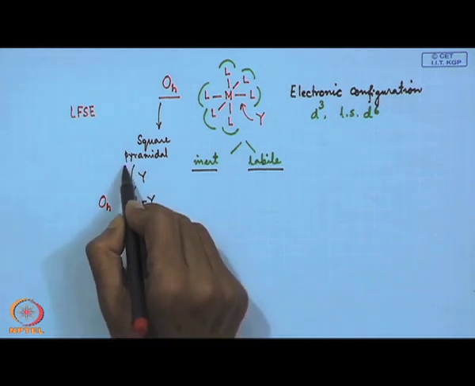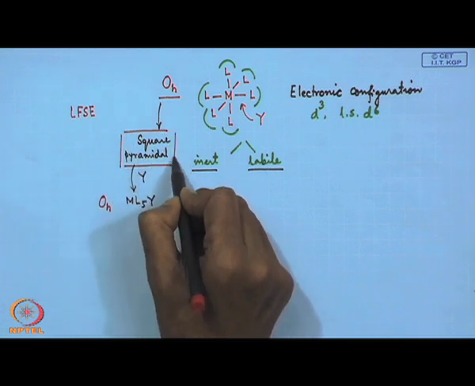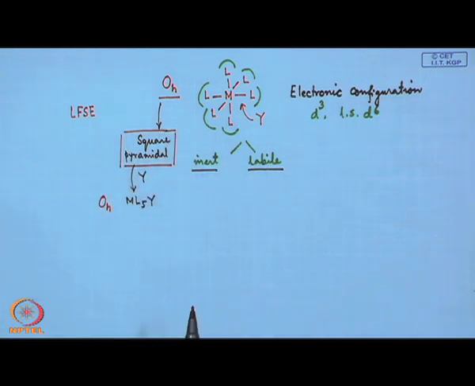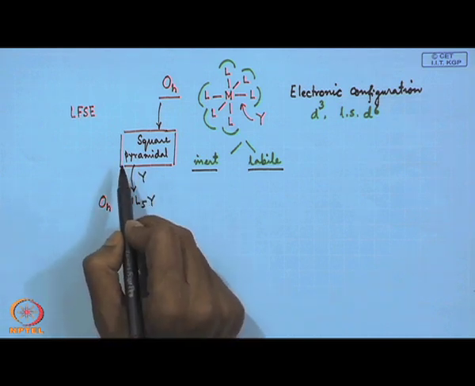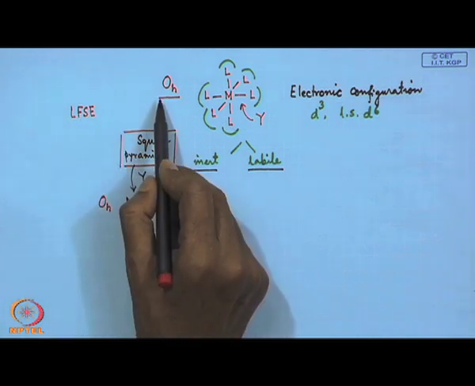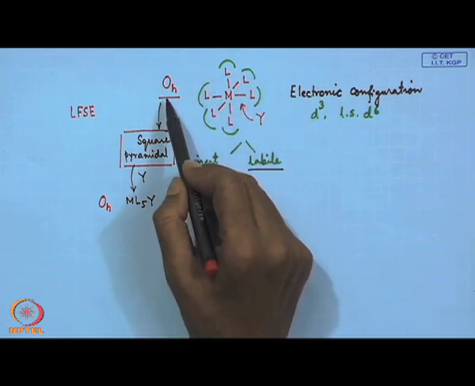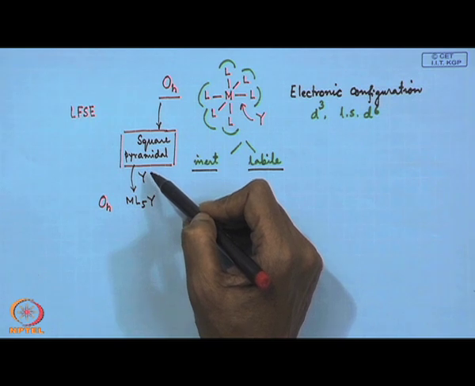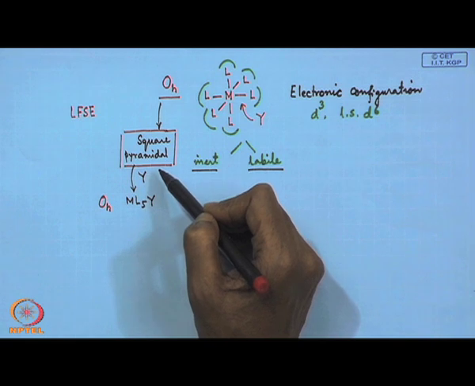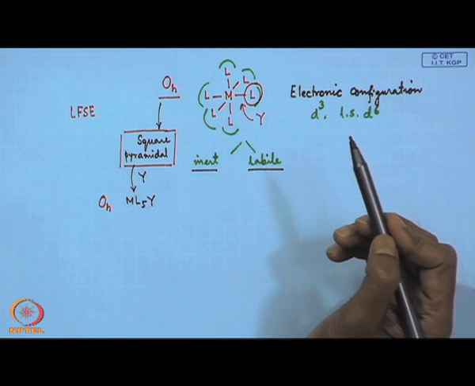To get this square pyramidal intermediate, we can see how the ligand field stabilization energy changes. Straightaway, what we can do is calculate the ligand field stabilization energy for this electron configuration in octahedral geometry, and then the same for the square pyramidal geometry, when we have taken one particular ligand out of the metal environment.